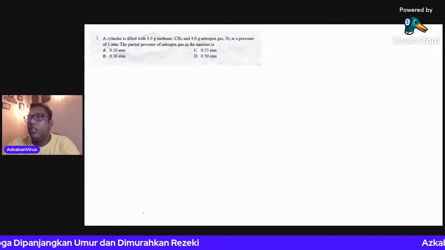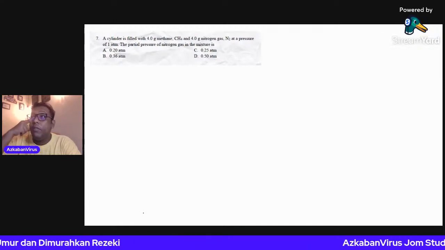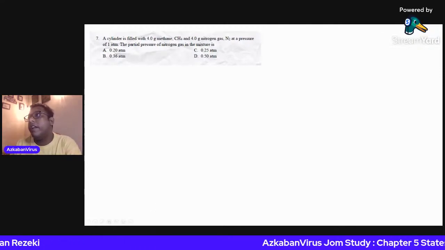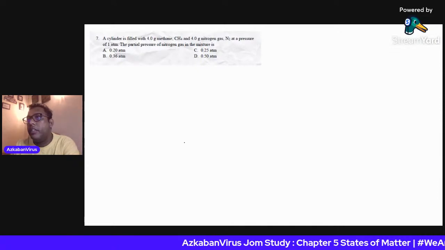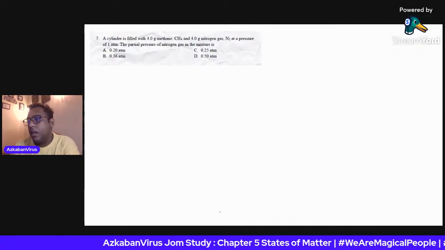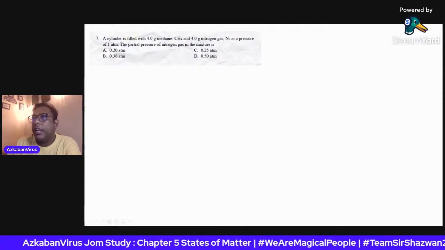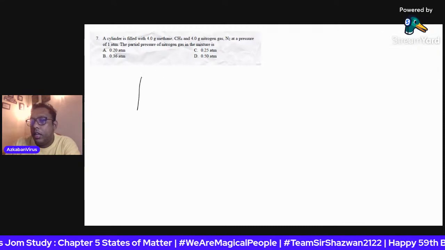Okay, kita teruskan soalan ke-7. A cylinder is filled with 4 gram of methane, 4 gram of nitrogen gas at a pressure of 1 atm. Okay, ini adalah kita ada satu container.